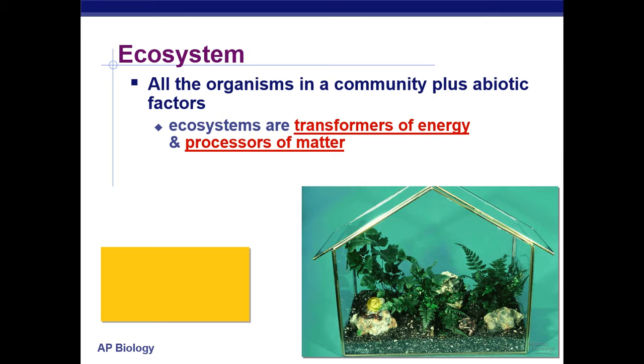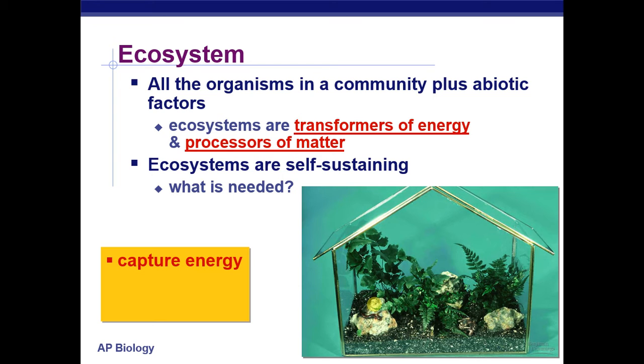Ecosystems transform energy from one state to another, and they're self-sustaining. That's why, if you've ever seen a bottle terrarium, or in a more familiar context, the bottle assignment that you did at the very beginning of your freshman year, that was an attempt at making a self-sufficient ecosystem.